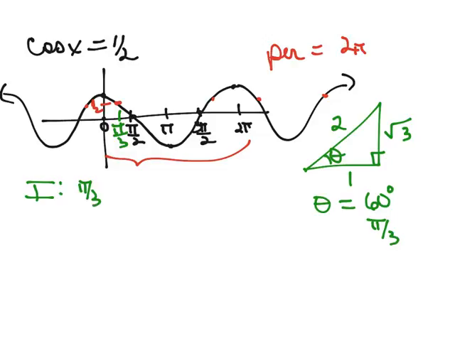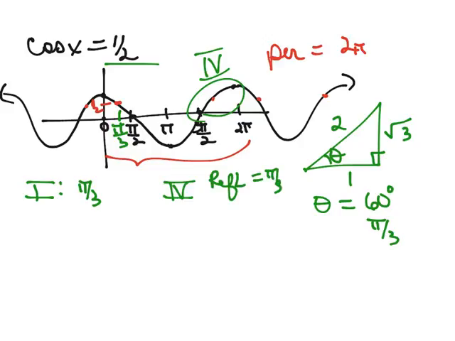I also know that cosine is positive in the fourth quadrant, and I can also see that from my diagram. This would be the fourth quadrant, and so I should get an answer there. And if you remember what we learned about reference angles, if I'm in the fourth quadrant and my reference angle is pi over 3, then to get the answer, I'm going to take 2 pi and subtract pi over 3.